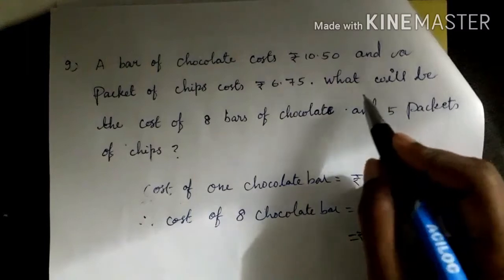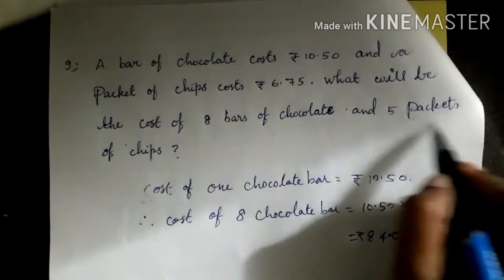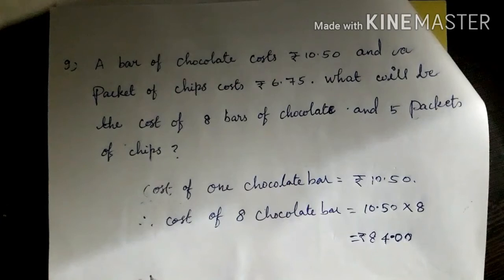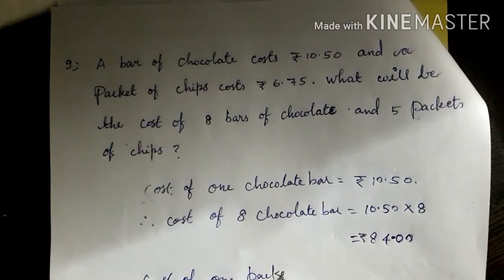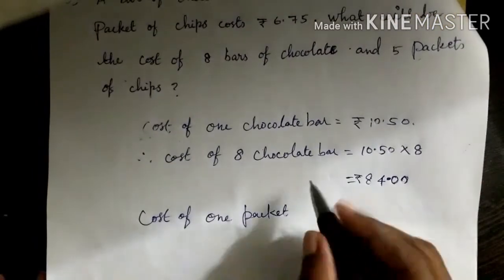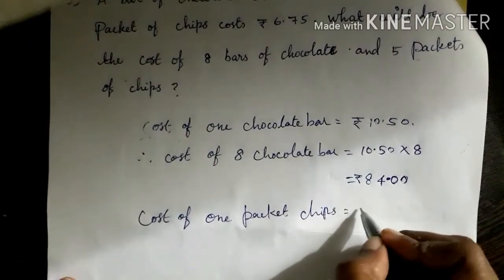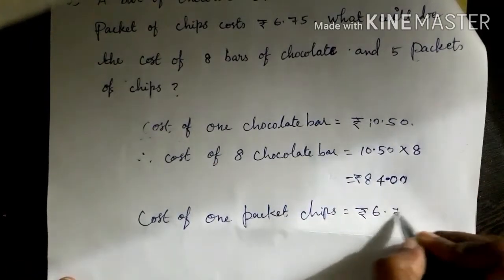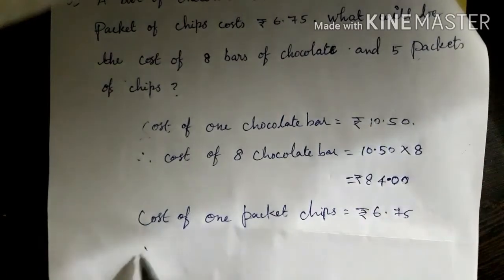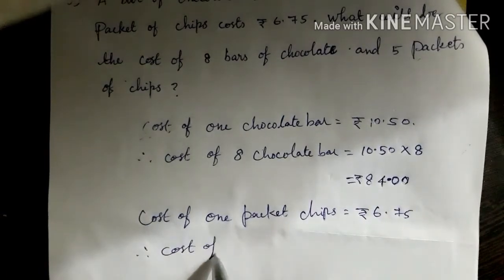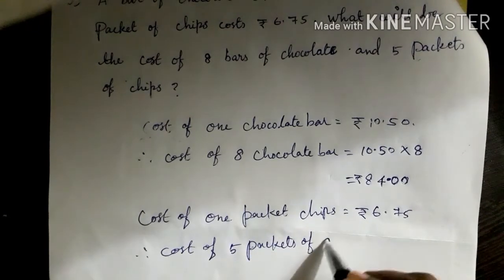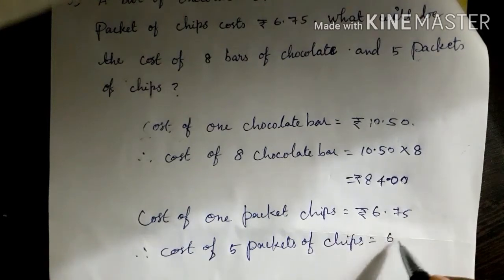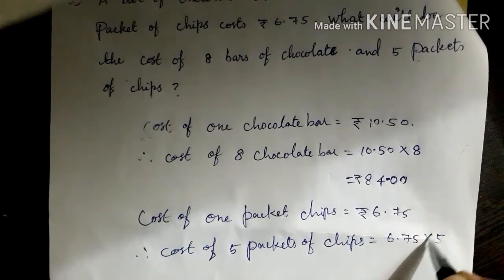Now what will be the cost of 5 packets of chips? First write the cost of 1 packet of chips is equal to rupees 6.75, and therefore the cost of 5 packets of chips is equal to 6.75 multiplied by 5.